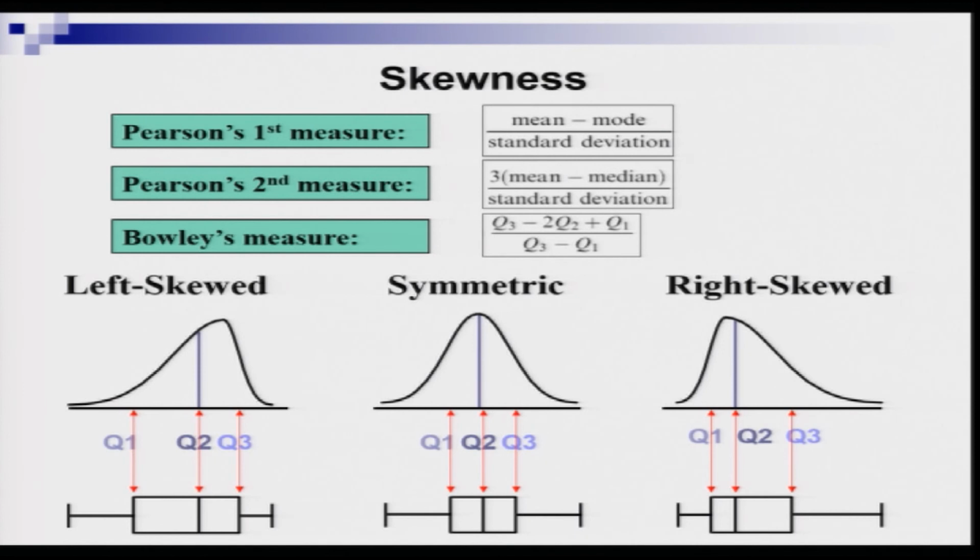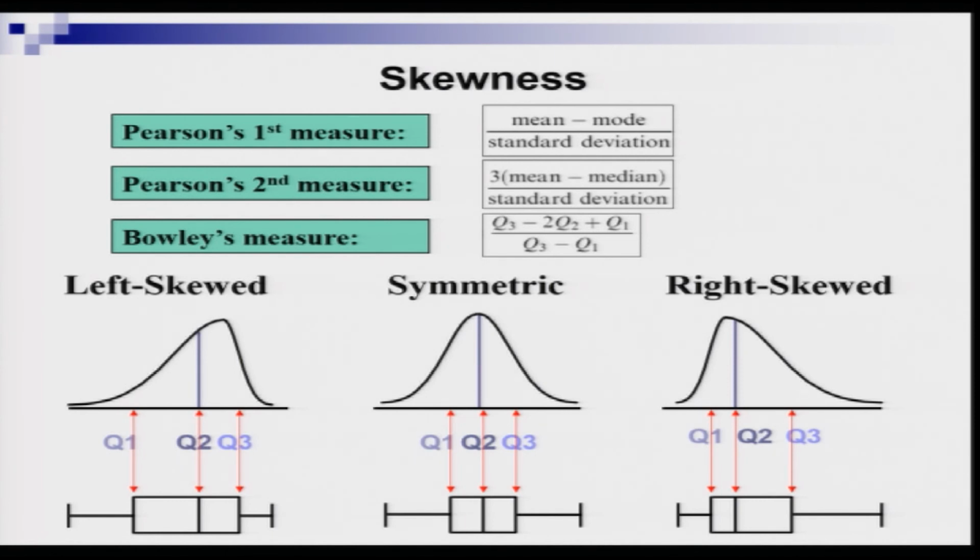When we come to the limits of the measures proposed by Pearson, there are two sets of results. If we look at the first measure, which depends on mean and mode, there are no theoretical limits to that measure, but in practice the value is rarely very high.